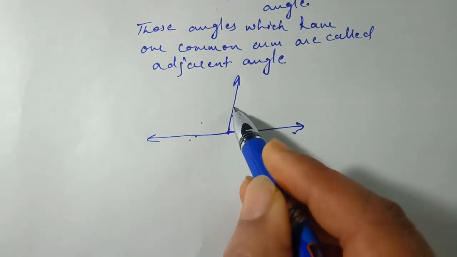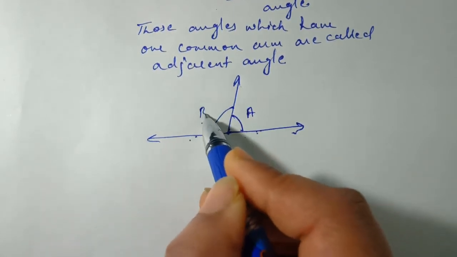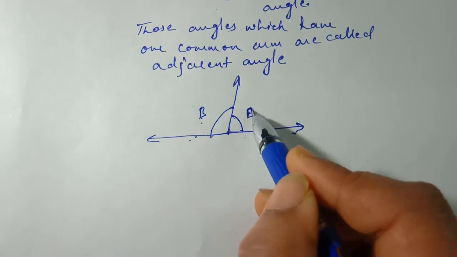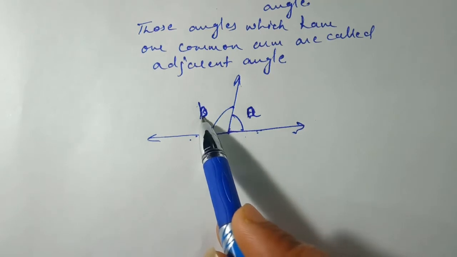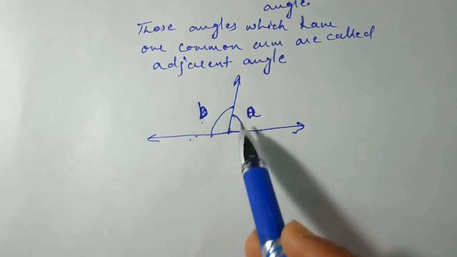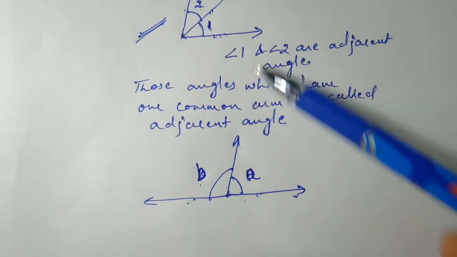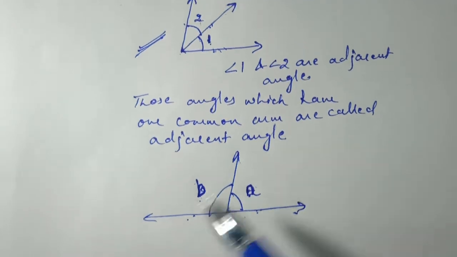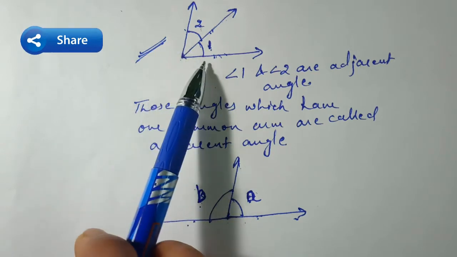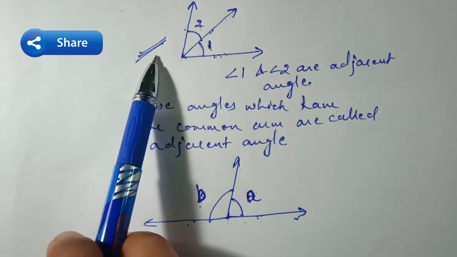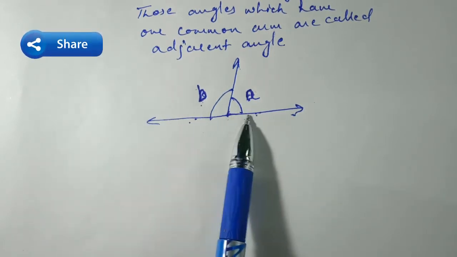Again we are having two adjacent angles, angle A and angle B. Both A and B are again adjacent angles because they have one common arm. But if we compare both the figures, we can easily observe that here the non-common arms are not opposite to each other. But in the second, these non-common arms are just opposite to each other.